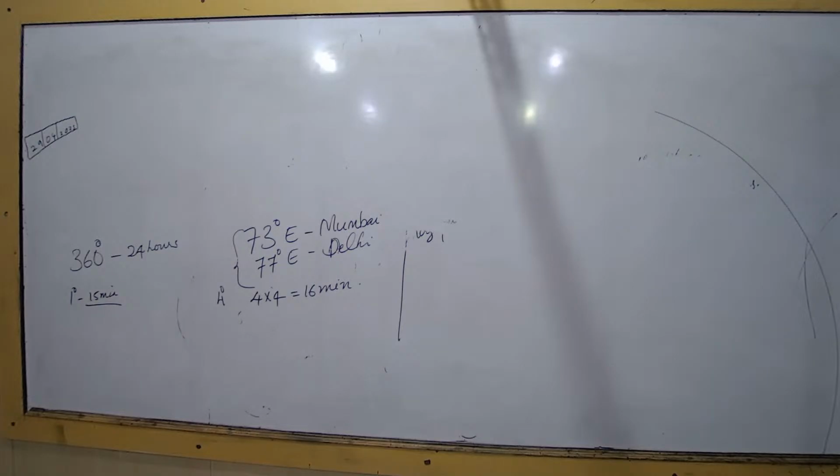This means that there will be a huge time difference between Gujarat in the west and Assam in the east. See, we are talking only about India's west and east. Both are in the eastern hemisphere, so there is no west calculation. Both are in the eastern side. Every place at a different longitude will have its own local time.